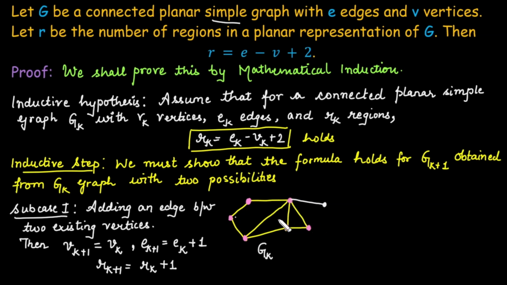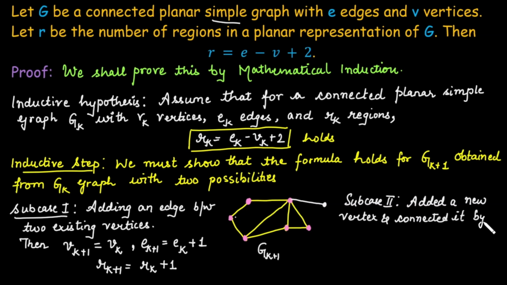According to this, what we have done in the sub case 2, to obtain a new graph from the GK graph, we have added a new vertex and connected it by an edge to an existing vertex.